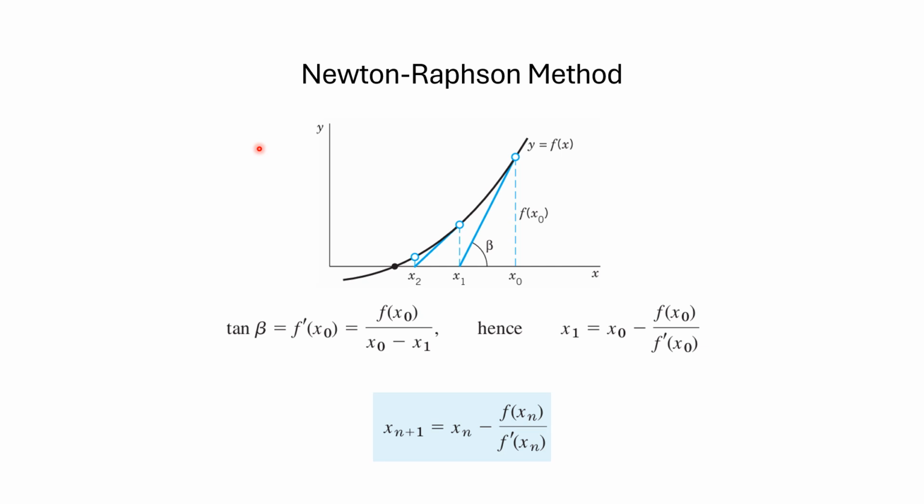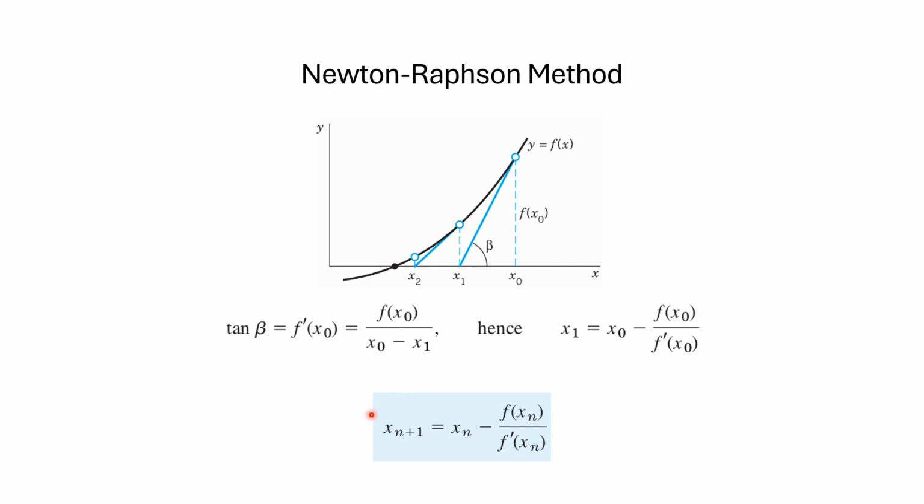The Newton-Raphson method is based on the idea of using tangent lines like this to iteratively improve an estimate of a function's root. So let's consider this diagram. You know the definition of the first derivative of a function at a certain point like x0.